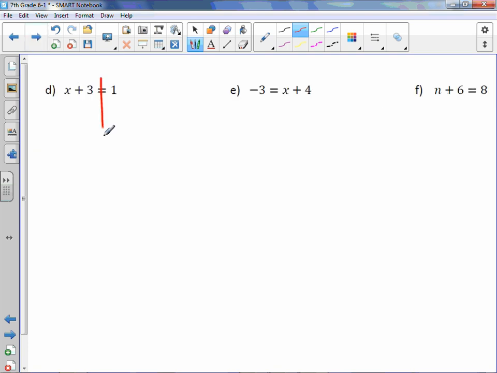Letter D. X plus 3 equals 1. So subtract 3 from both sides. We get X equals 1 minus 3 is negative 2. Letter E. Negative 3 equals X plus 4.